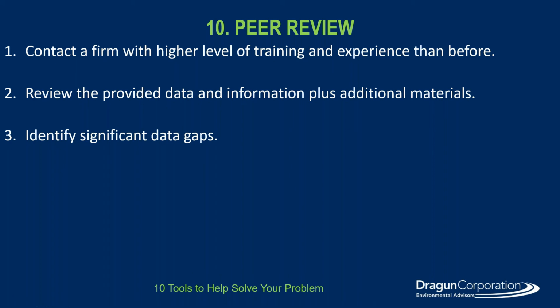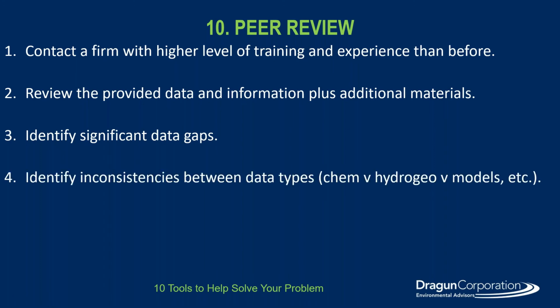Identify significant data gaps. Identify inconsistencies between data types like the chemistry, hydrogeology, and models. Everything needs to be consistent, pointing to the same conceptual site model and understanding of the process.